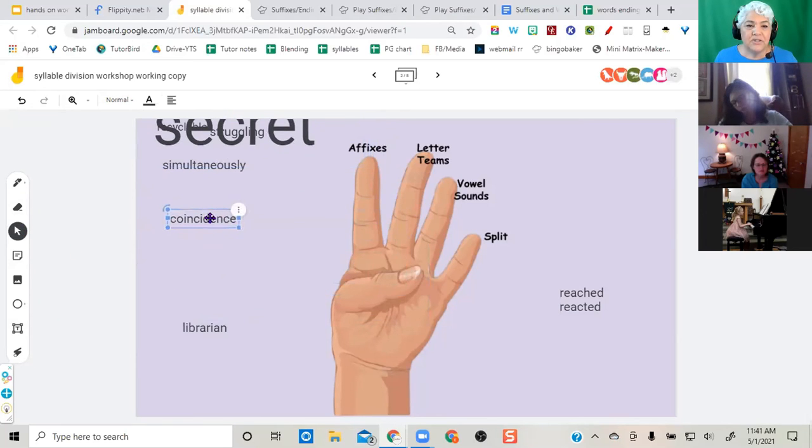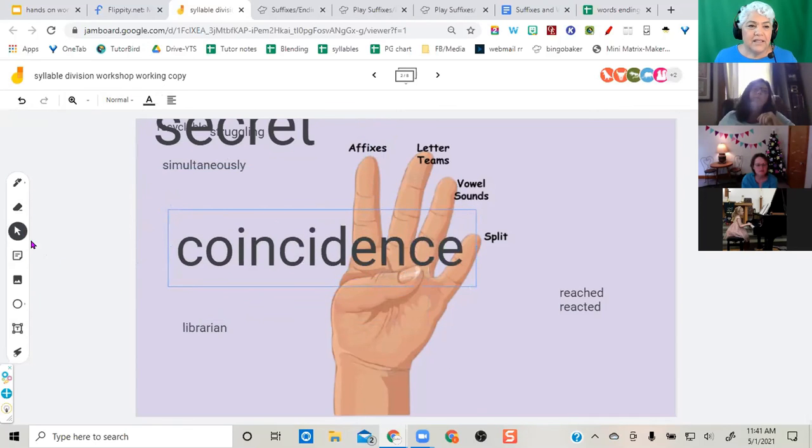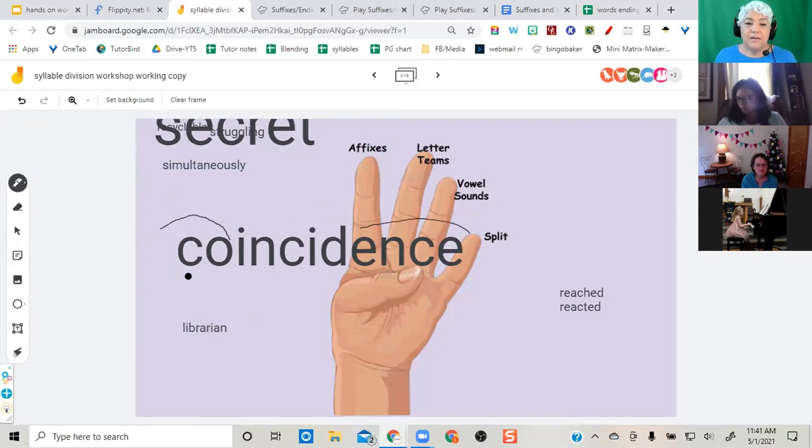So this one is tricky, because a lot of kids will say, oh, I see coin. But remember, the first step is to look for affixes. So I see an ence, and I see a co meaning with or together, just like com or con.